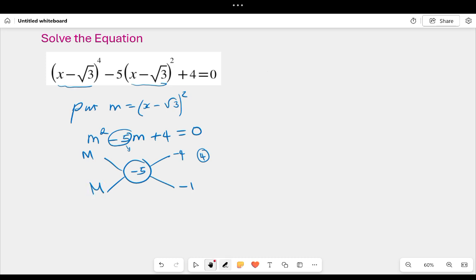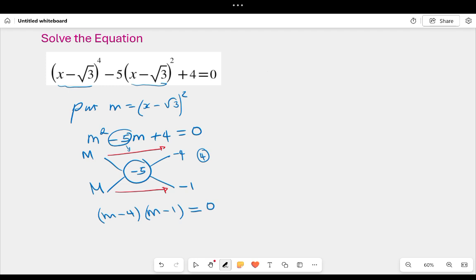And therefore, combining this horizontally, it's going to be m and a negative 4, and then m and a negative 1. Therefore, the factors for the quadratic equation are m minus 4 and m minus 1. When you multiply these, it is equal to 0.